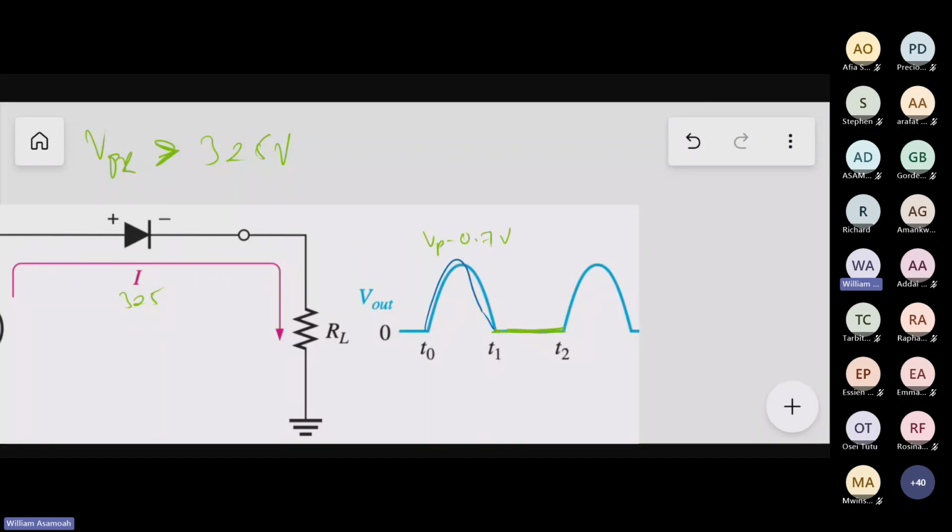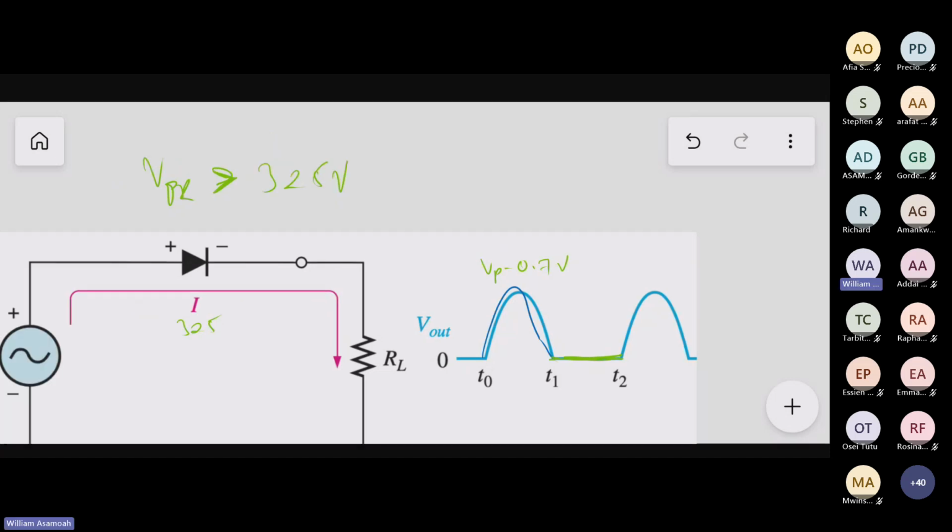But since this is negligible, usually we just discard it. But every time the voltage at the output is lesser by 0.7 because it is a silicon diode.